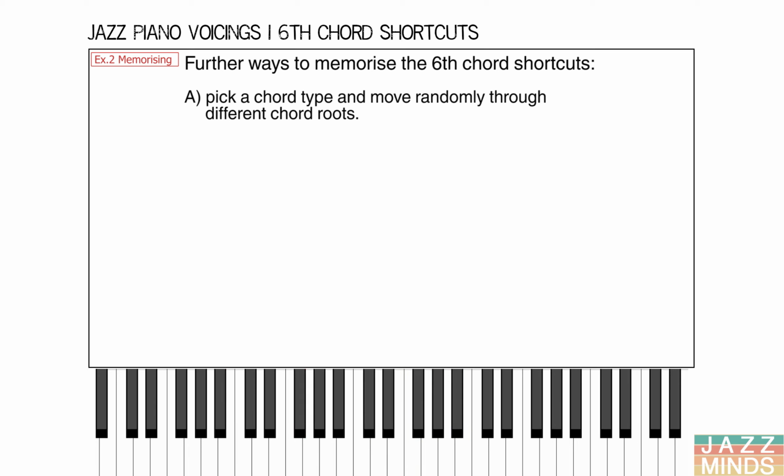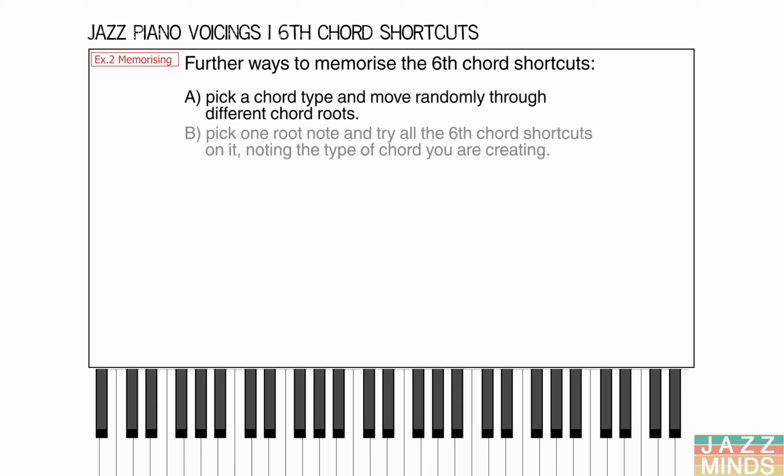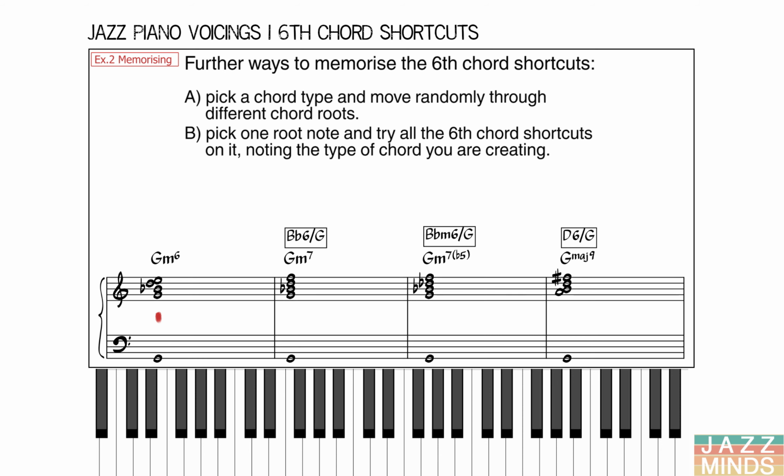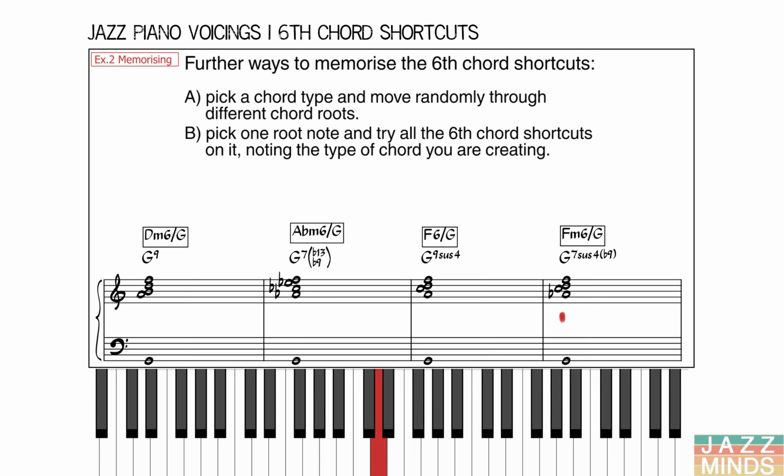B, pick one root note and try all the 6th chord shortcuts on it. For example, G minor 6, G minor 7, G minor 7 flat 5, G major 7, G7, G7 flat 9 flat 13, G7 suspended 4, G7 suspended 4 flat 9.